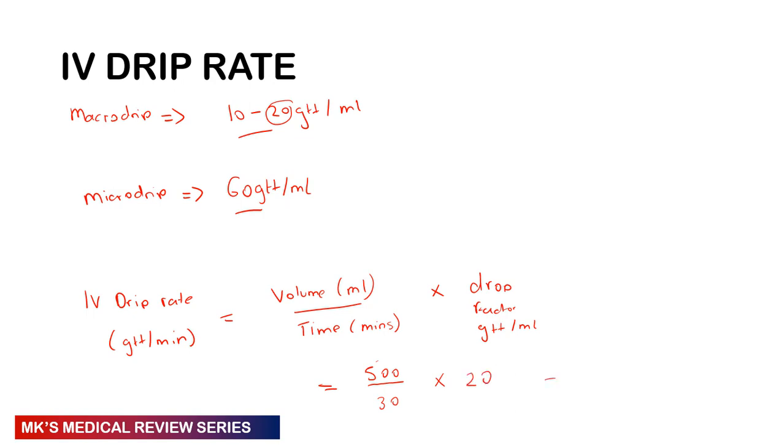So this cancels this out, then we have 50 multiplied by 20, that's going to be 1,000. This divided by 3, so 1,000 divided by 3 gives us about 333. So this person needs about 333 drops per minute. That's how we calculate our drop factor.